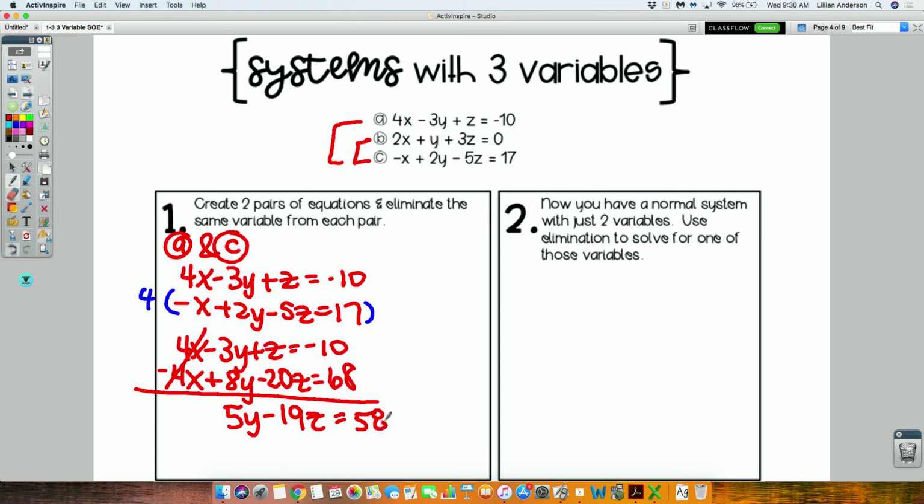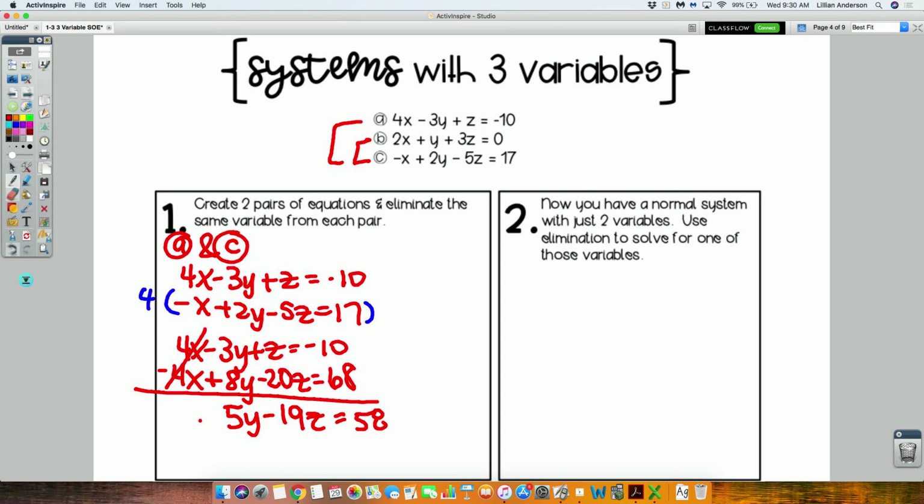Oh, I'm sorry, I feel like I'm going fast. Okay, good. At any point in time, if something doesn't make sense, you stop me. So now, this is good. Now we just have an equation that has two variables, okay?